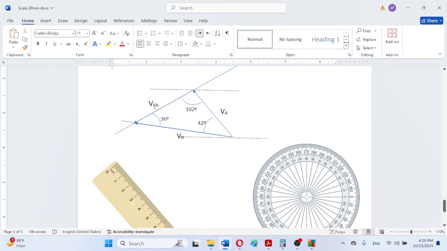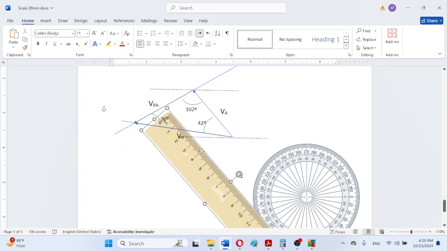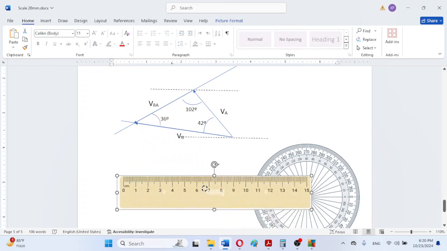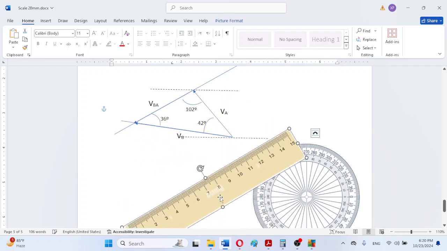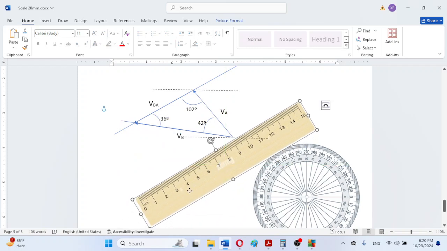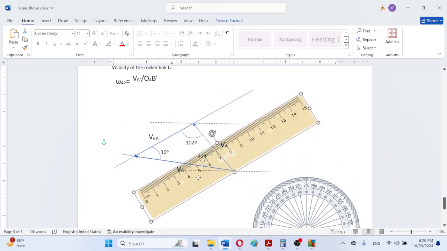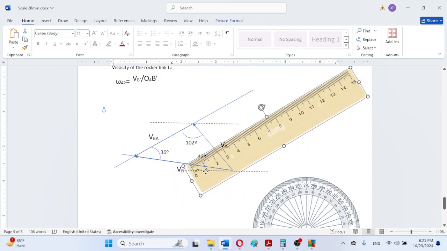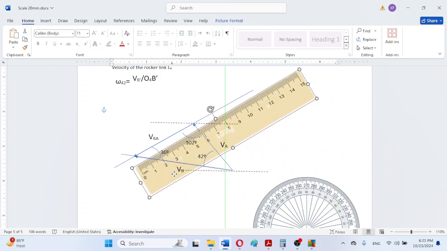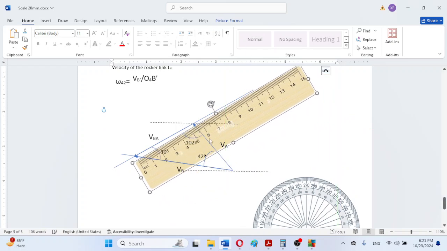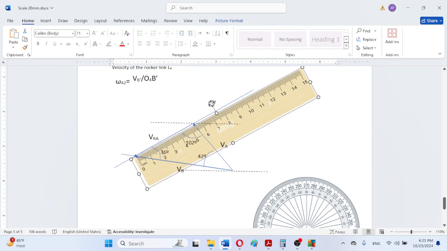First of all, for example, we measure VBA using this scale, and we can place the scale like this here. And remember, we cannot resize for the measurement of these velocity vectors. We will be keeping the size constant as it was fixed before the analysis.